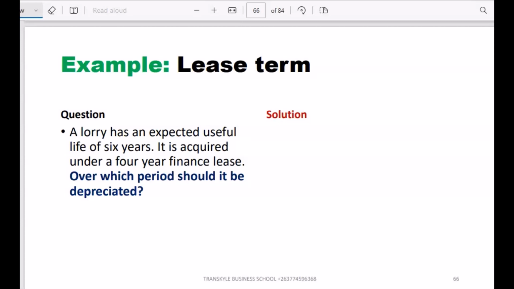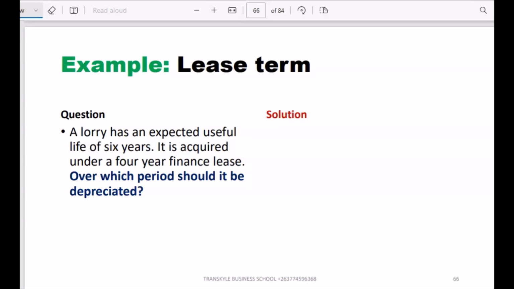We said that if the asset has to be transferred to the lessee at the end of the lease term, then the depreciation charge in respect of that asset has to be based on the useful life. However, in this particular question, we are not told of that intention. Okay, we are not told of that arrangement. So therefore, we just have to use the default position, which is the lower of the lease term and the useful life.